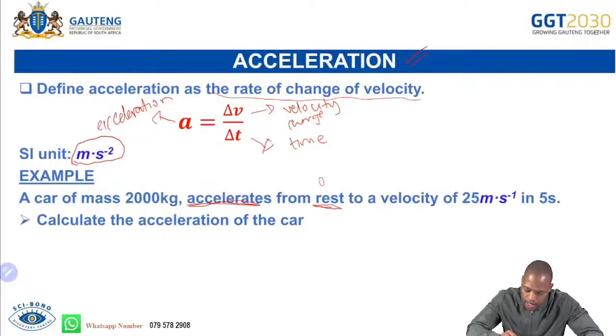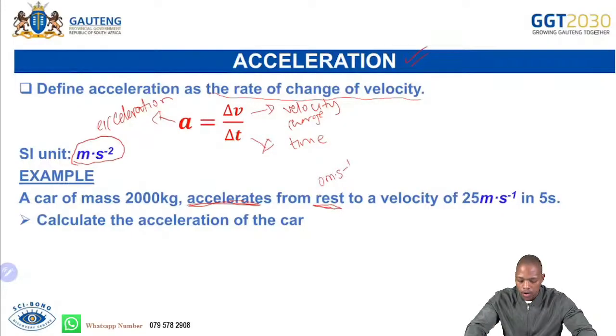It has a 0 meters per second velocity. So it accelerates from 0 to a velocity of 25 meters per second, and all of this happens in 5 seconds. That's why we're saying it's the rate of change of velocity happening over time. Right, and we're being asked to calculate the acceleration of the car here.